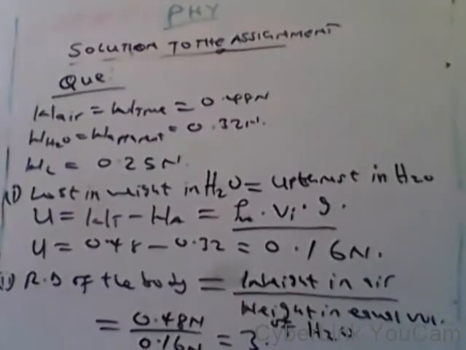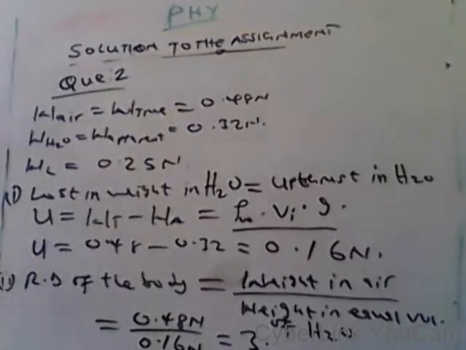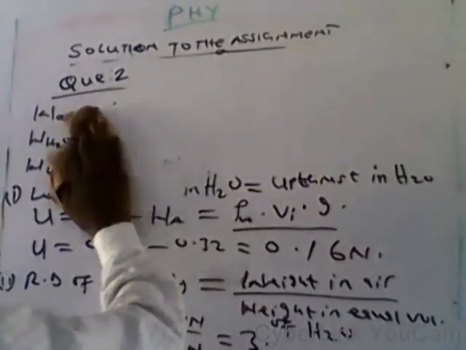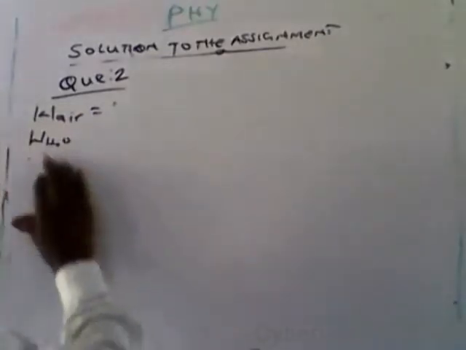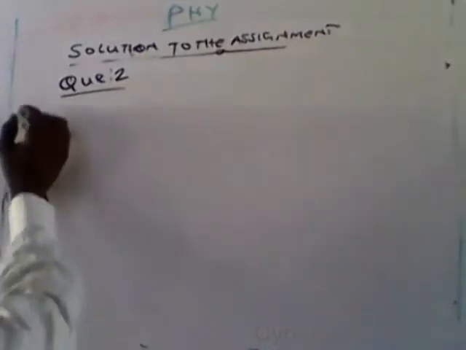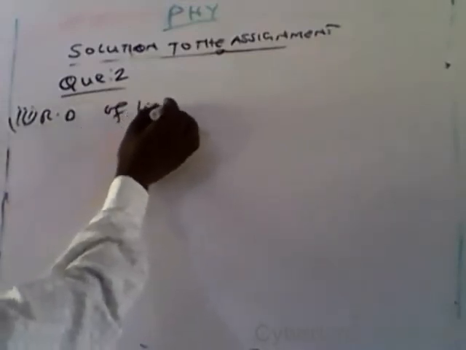So let's calculate for Roman figure 3. The Roman figure 3 says the relative density of the liquid.